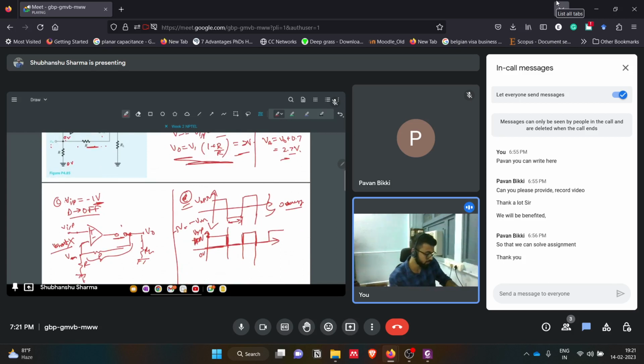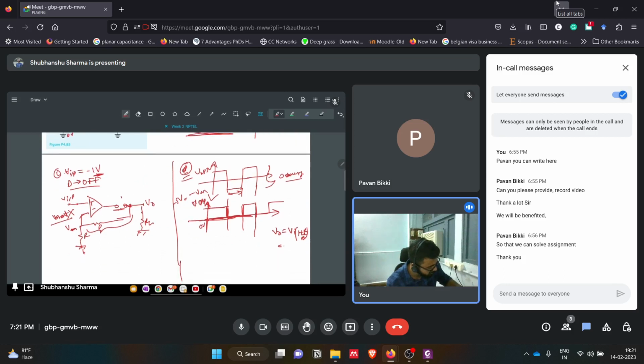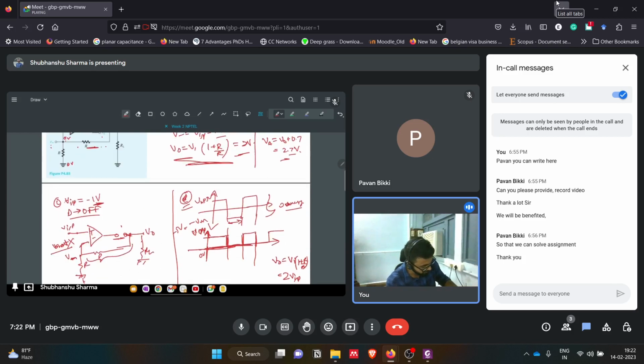This one is 0, and this is 10 volts. This is the output. Since V output is V input into 1 plus R by R, which is 2 times V input, that will be 2 times 5 volt, which is 10 volt.